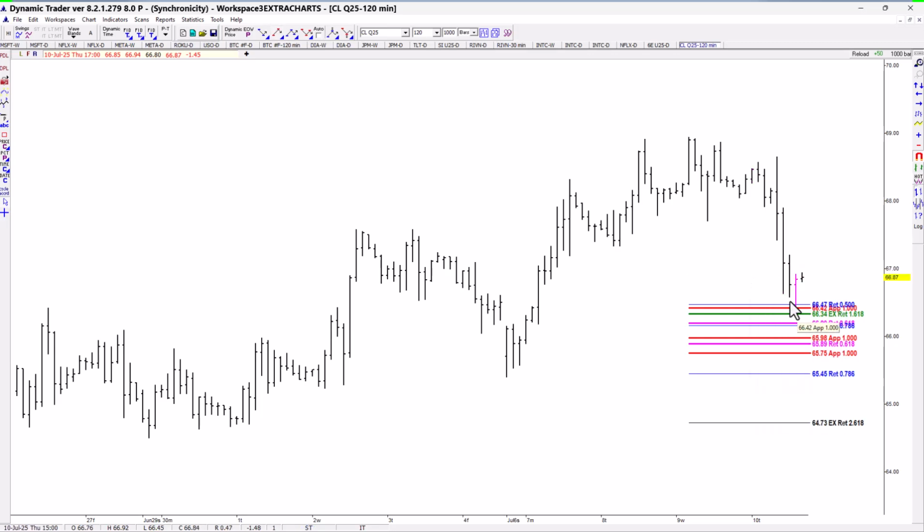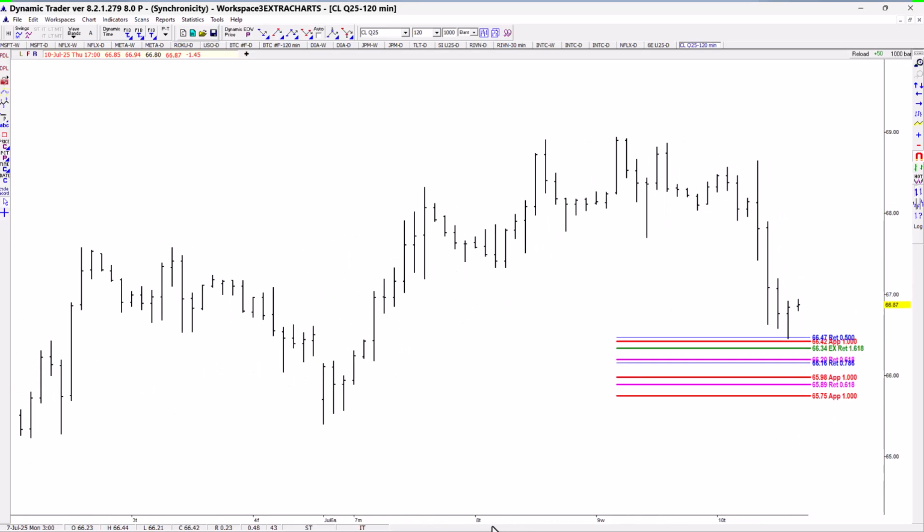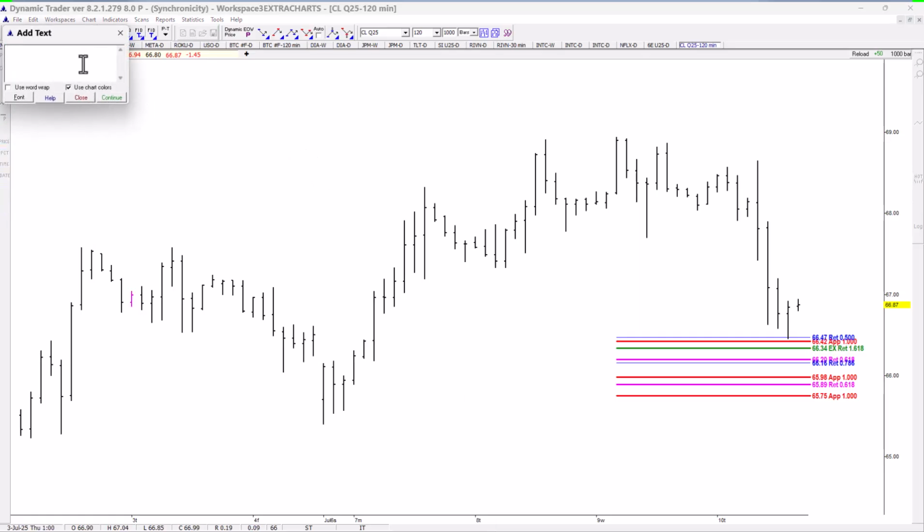So here's a cluster right here. That is a setup. Then we're also going to have some support that comes in a little bit below, but let me just label this first area. Let's call this support, and it's holding so far at 66.34 to 47.